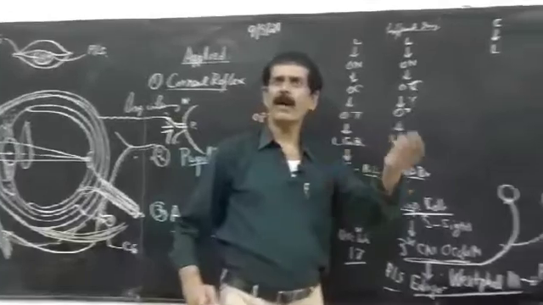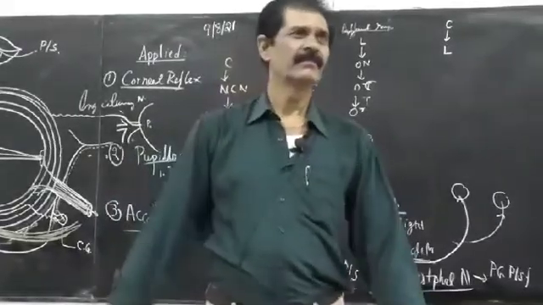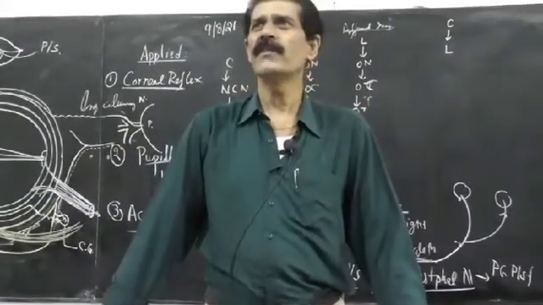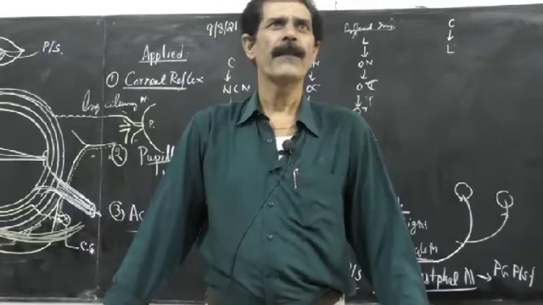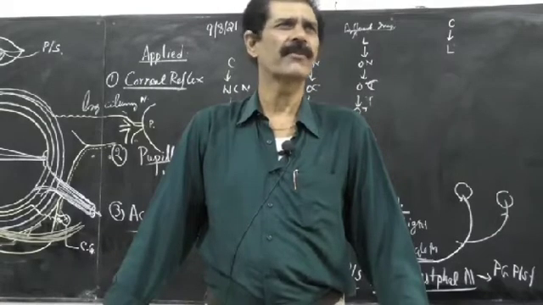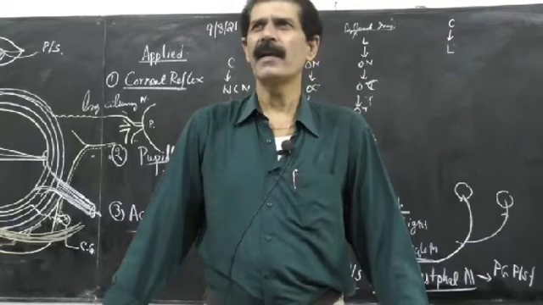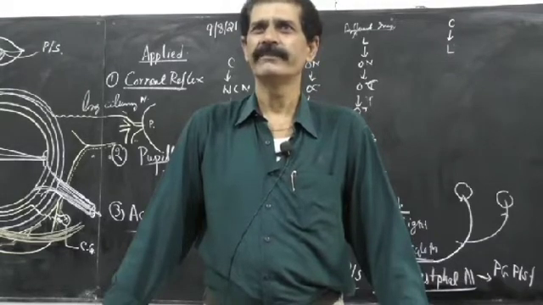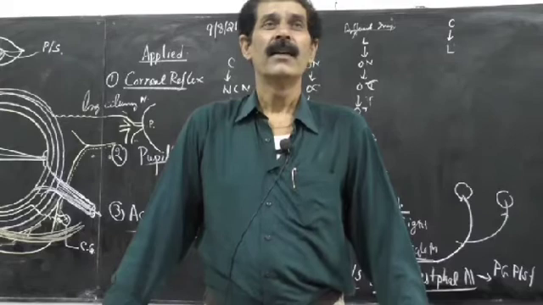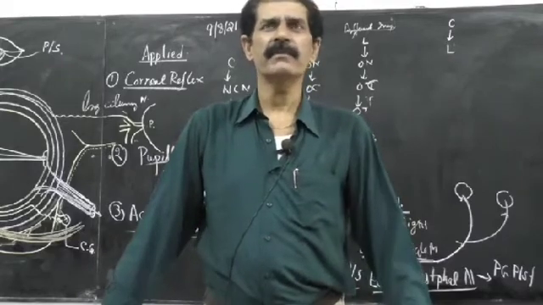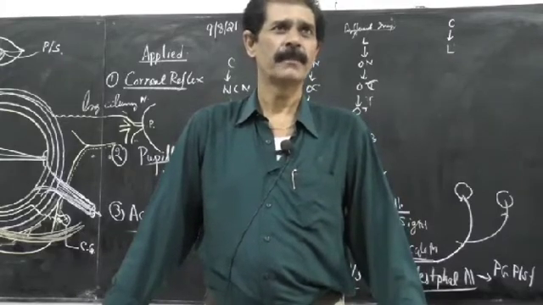Its refractive power changes, its focal length changes. You know the physics much better than me, because physics was a very notorious subject for me. I only opted for medical because there are no numericals here. Okay? So its refractive power or focal length changes.